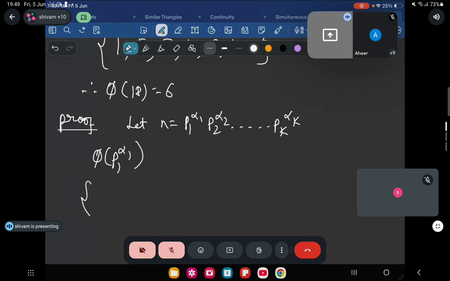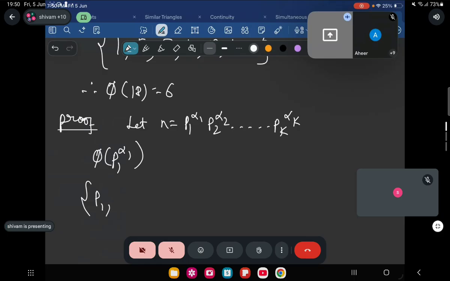First of all, let us make those positive integers which are less than p1 to the power alpha 1 but have a common factor with p1 to the power alpha 1. The smallest one is p1, and p1 and p1 to the power alpha 1 definitely have a common factor.